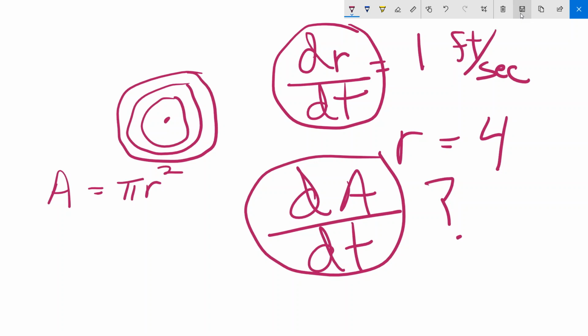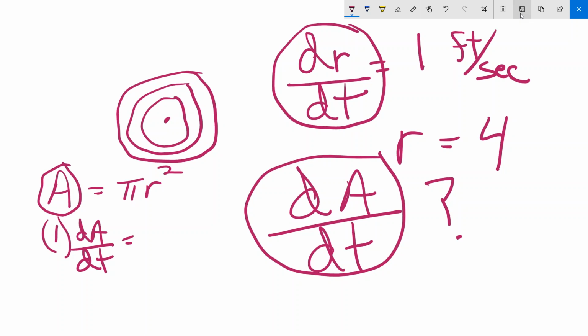It'd be 1 times dA/dt. I'm going to differentiate that, and because it's not a t, it's an A, it's going to be 1 times dA/dt. That's the dA/dt that I was trying to solve for all along. So now differentiate the right side implicitly.